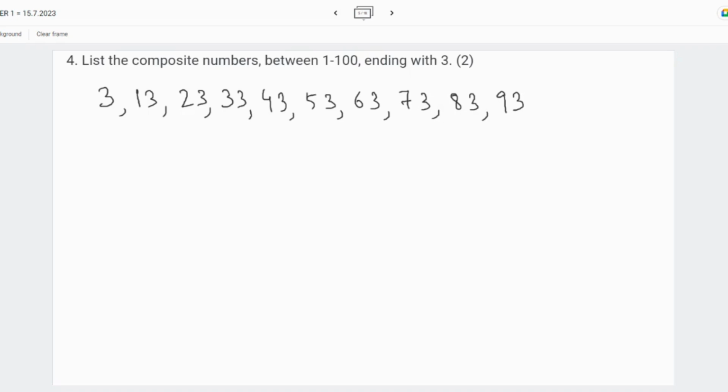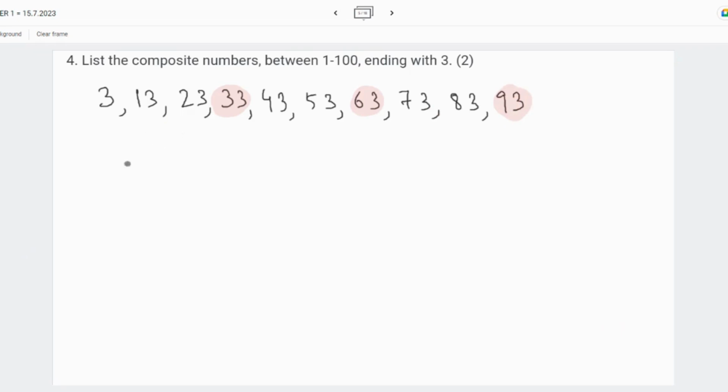Composite numbers means the numbers which have more than 2 factors. That is, they are divisible by themselves, 1 and more numbers. For example, 33. 33 is 3 into 11, 63, 7 into 9, 93, 3 into 31.